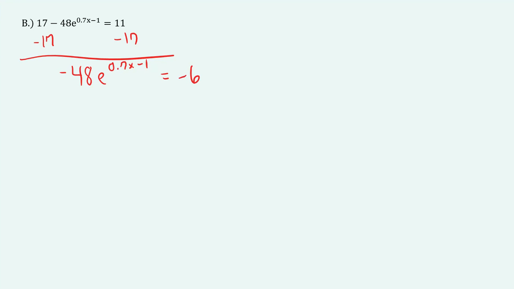Then to isolate the variable, we should divide both sides of the equation by -48. And so I'm left with e to the 0.7x minus 1 equals -6 divided by -48, which reduces to 1/8.